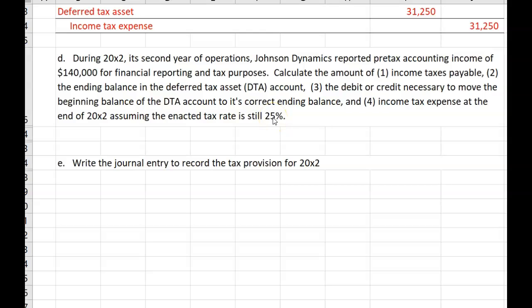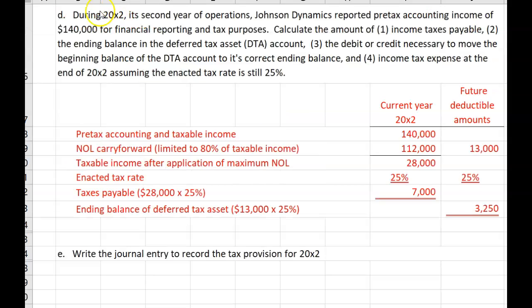I will again refer you to illustration 16-13B in your textbook. That illustration will really help you with these calculations. The current year is 20X2. Pre-tax accounting and taxable income is $140,000.